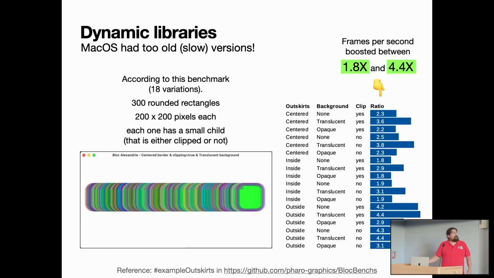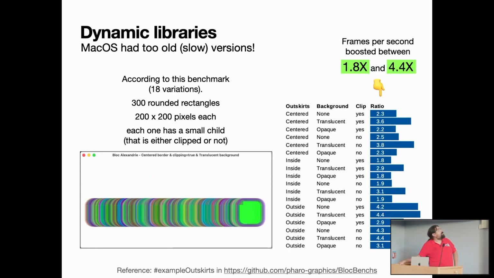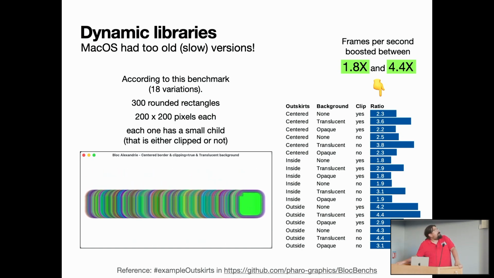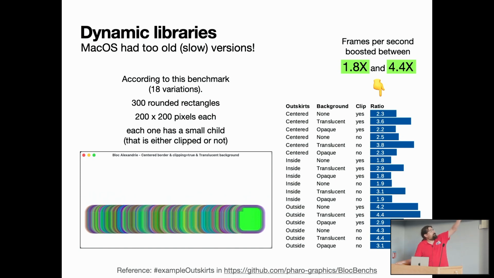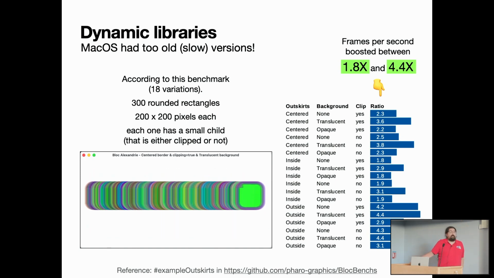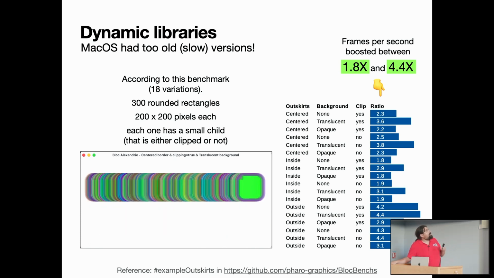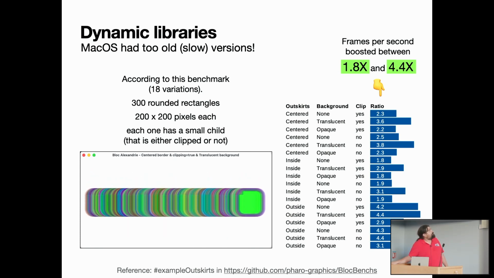For example, just by improving the version and building it correctly on macOS, we have got an improvement between almost 2 times and almost 5 times in the benchmarks that we have in the system.